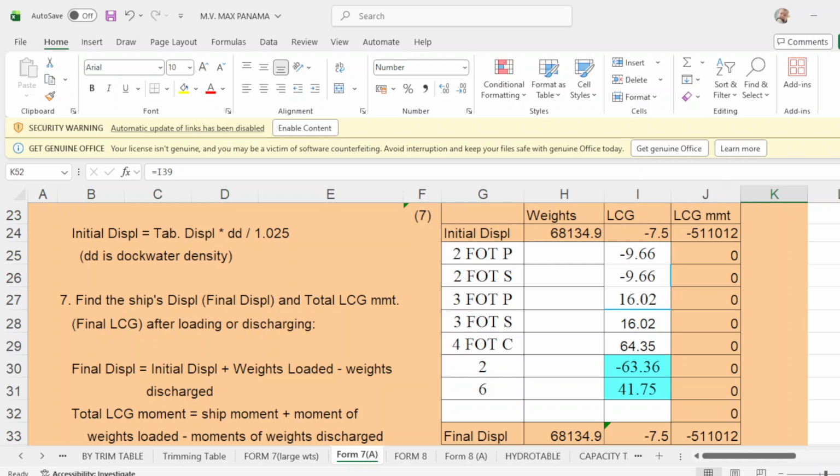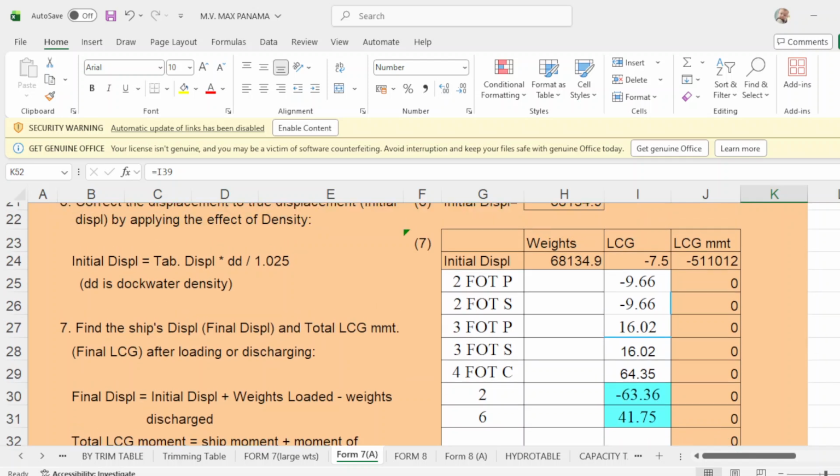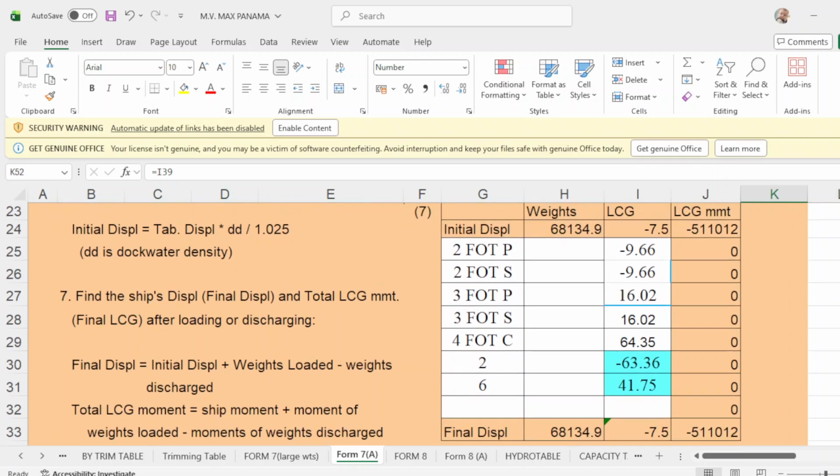So meaning, to get the final displacement, with your initial displacement, if you're going to add cargo or discharge cargo, you put it here, and whatever the weights will be your final displacement.